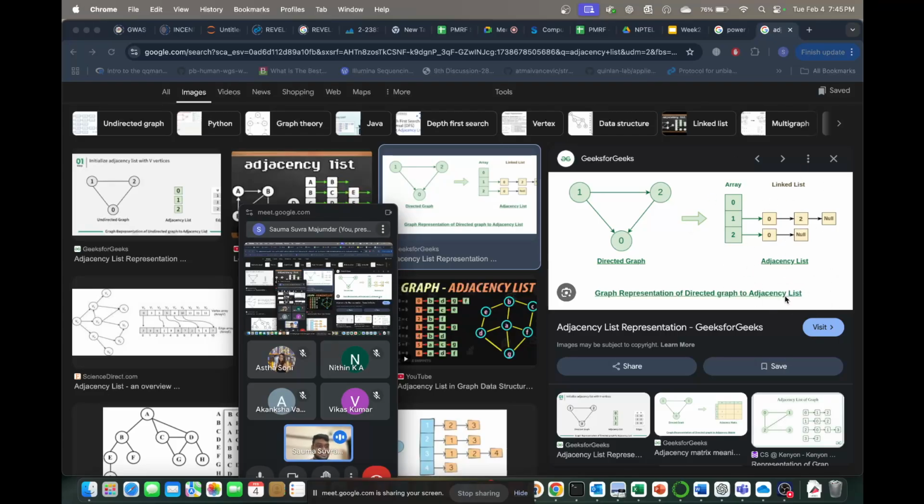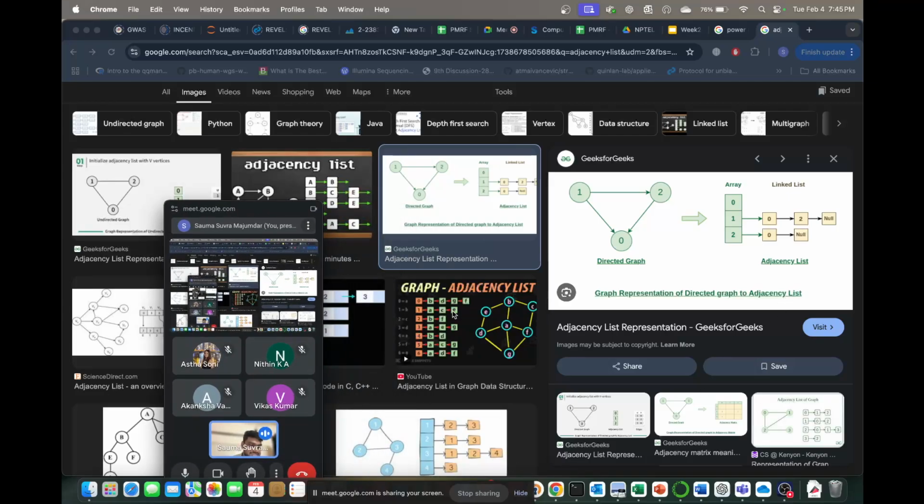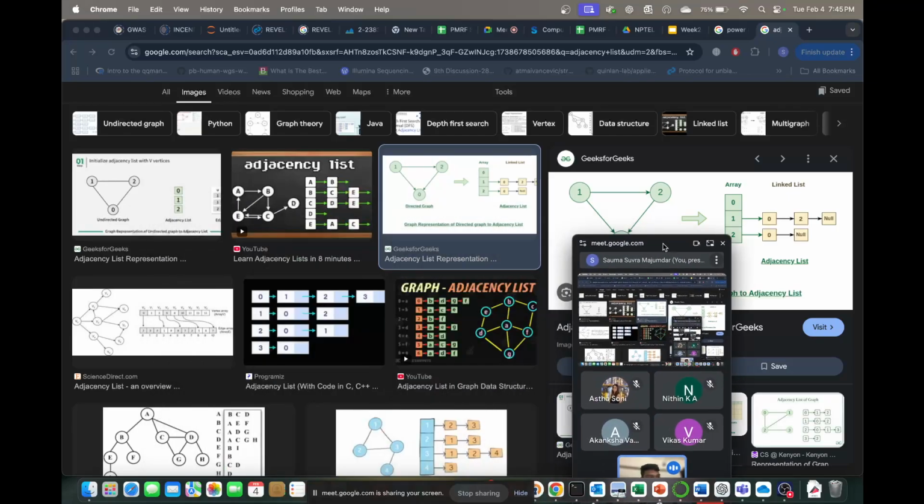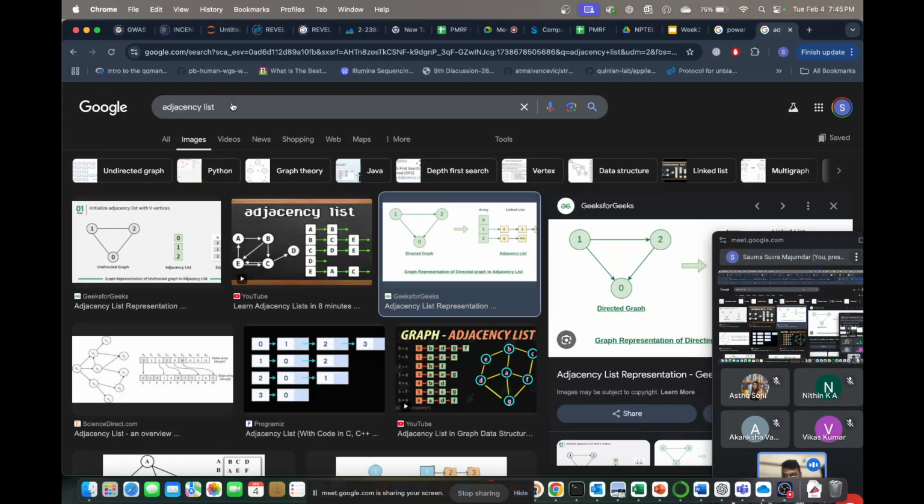Instead of a matrix, you make it a list with connections, right? So this is how an adjacency list looks. It's just a different representation. The idea is the same. If it is connected, you have a 1, and if it's not connected, you have a 0 for an unweighted graph. In computer science terms, you'll basically represent this as a linked list when you are doing an adjacency list, but the concept is the same.